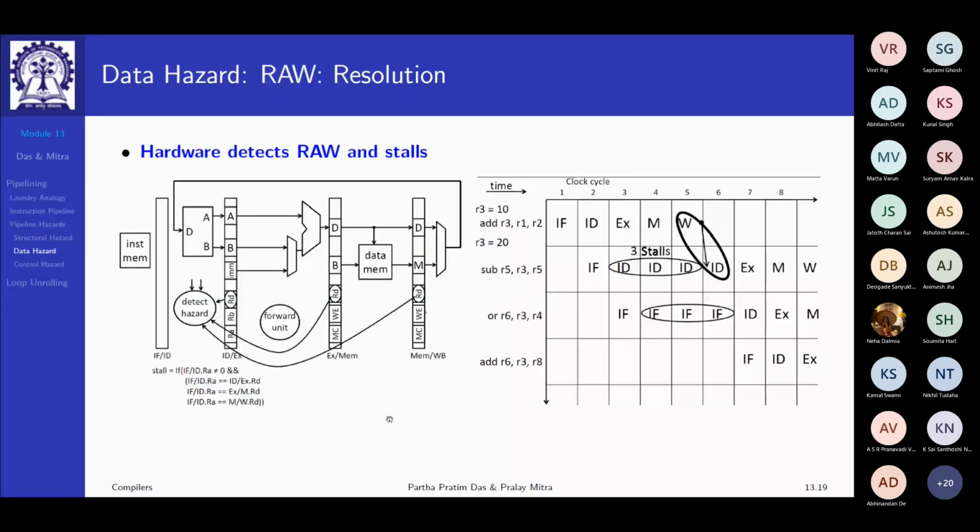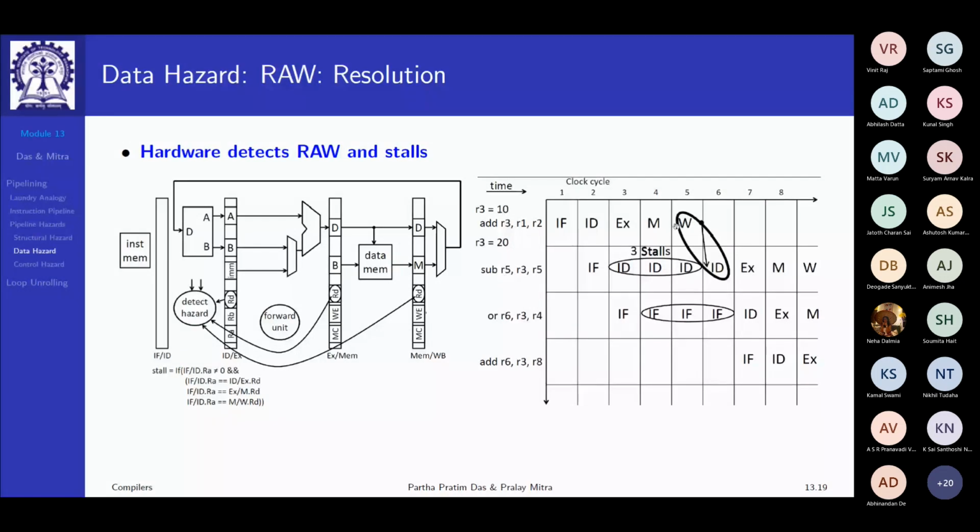So let us look at each one of these cases in some more detail. So first is how the hardware can provide a stall. You can see that this is an example of an add where R1 and R2 are added into R3. And then there is a subtract where R5 is subtracted from R3 and is written to R5.